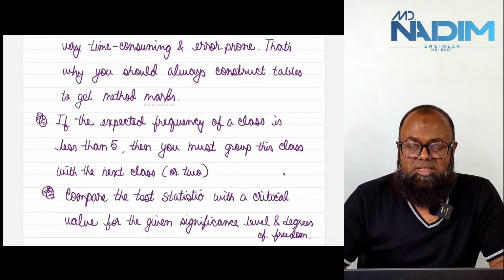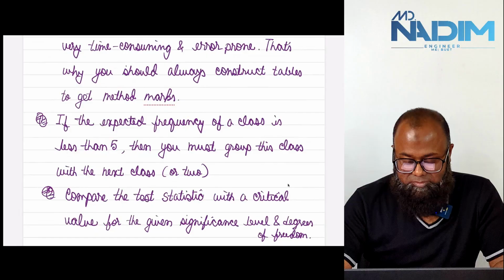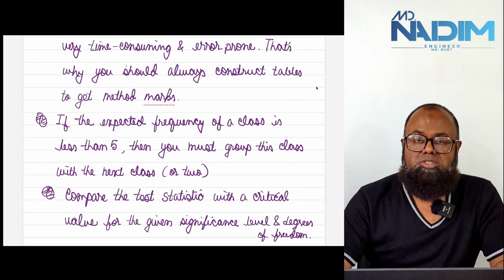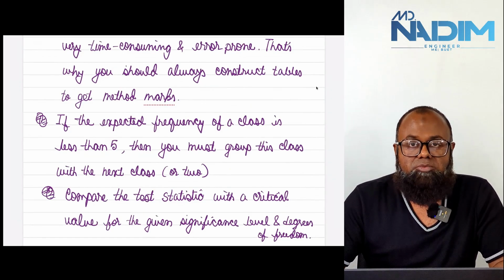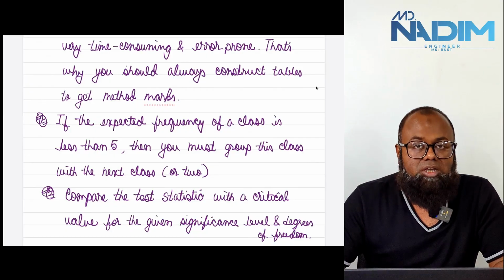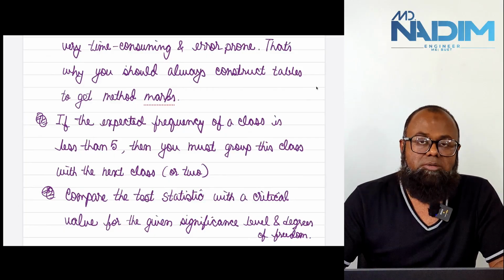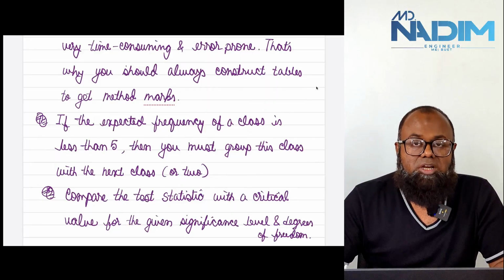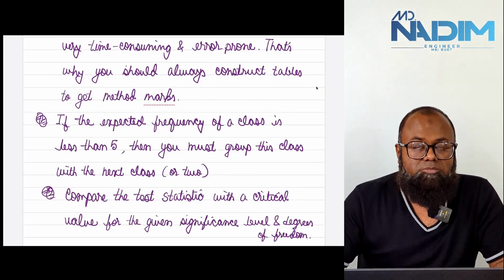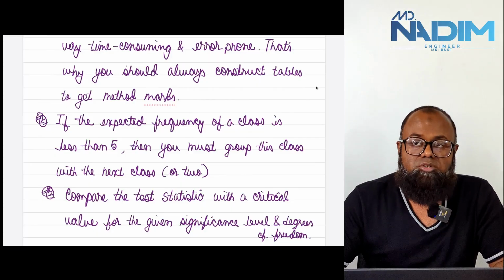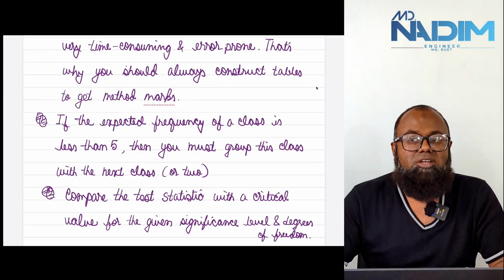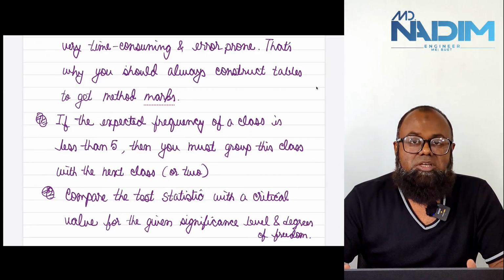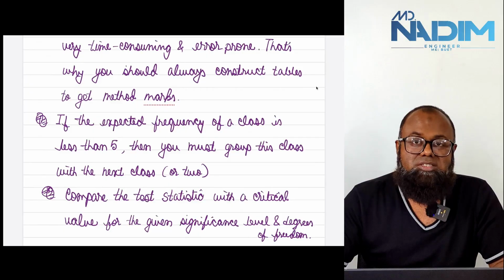Compare the test statistic with a critical value for the given significance level and degree of freedom. If you know the significance level and the degree of freedom, you can use the chi-squared table, and from there you can get the critical value of the chi-square. And then by comparing the value you got from your calculation of the chi-square and the value you got from the table of chi-square, you can come to a conclusion whether the hypothesis test result is significant or not.